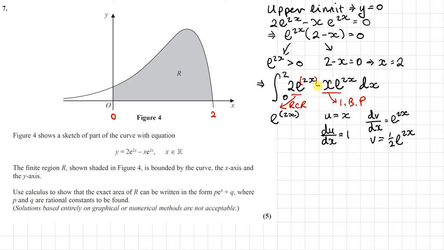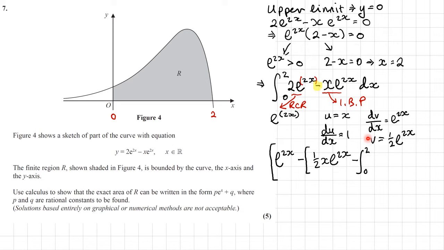So let's write down what we've got so far. So the first part integrated e to the 2x, and then minus the bit where we do integration by parts, and actually all of this is going to be in brackets so I can apply the limits. So integration by parts, we start with uv, so that'll be half x e to the 2x, minus the integration between 0 and 2 of v du dx.